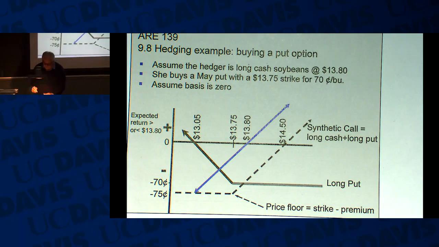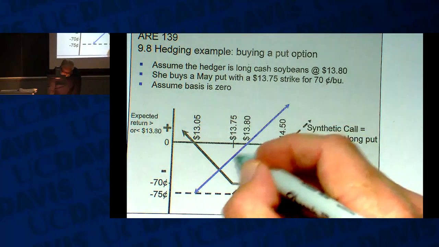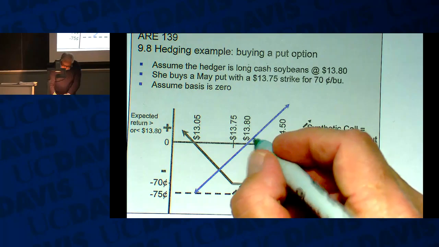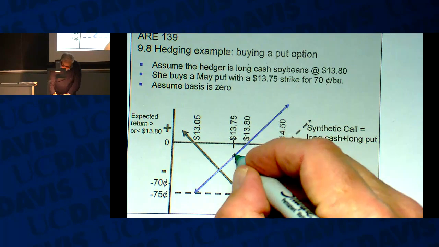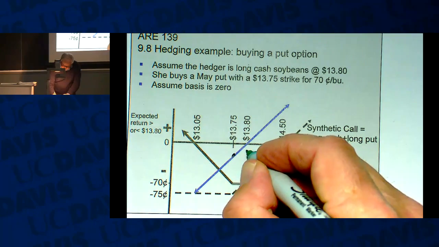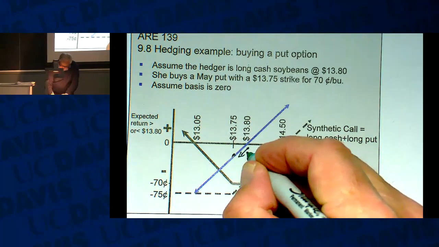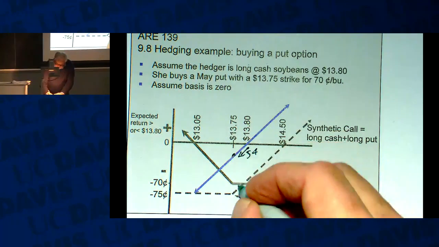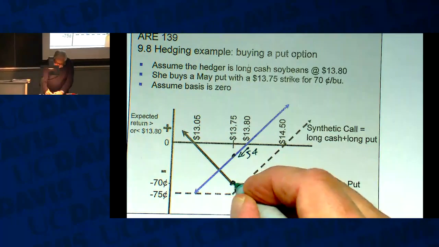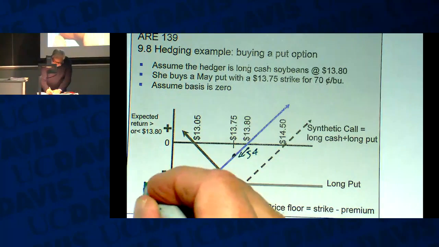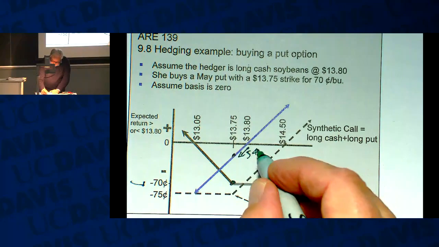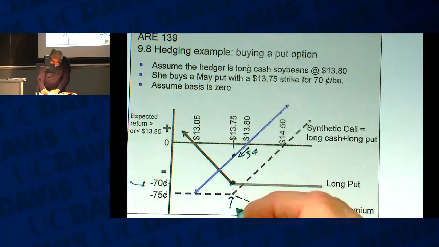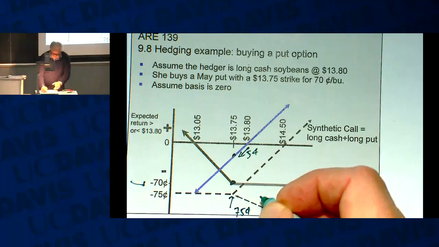She has her cash soybeans here. Let's say the price drops to $13.75. That's a decline of 5 cents, right? At $13.75, that happens to be the strike price. What did you pay for the option? Well, you paid 70 cents. So 5 plus 70 gives you 75 cents.